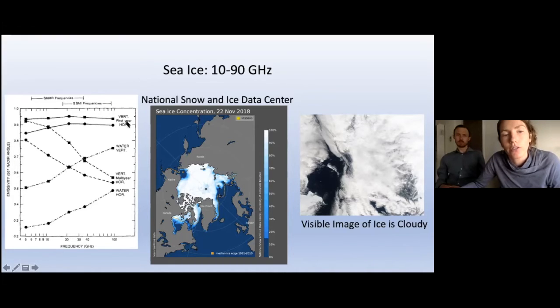We've got first-year ice, and that is also vertical and horizontal. In both cases are first-year ice. Just to clue you in, first-year ice is ice that melts in the summer every year. The emissivity with frequency does not change much.